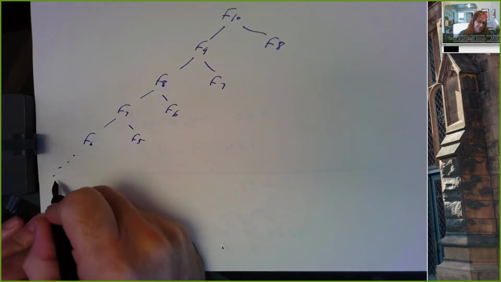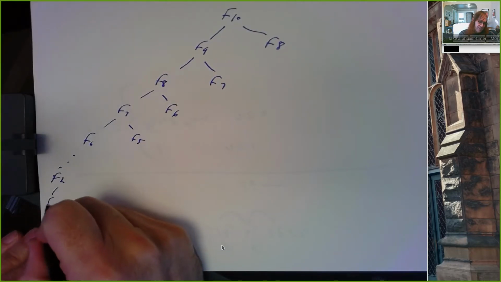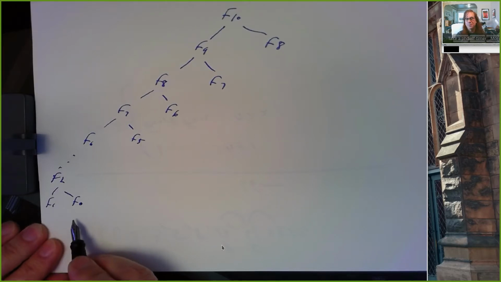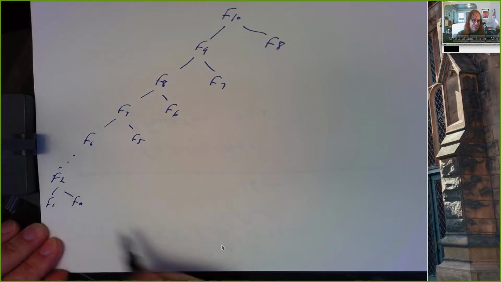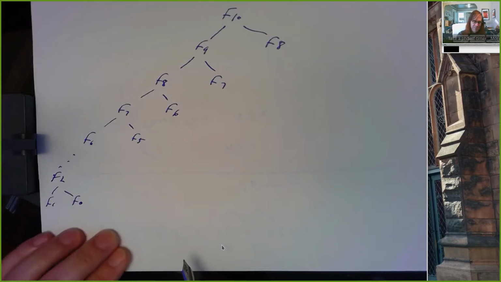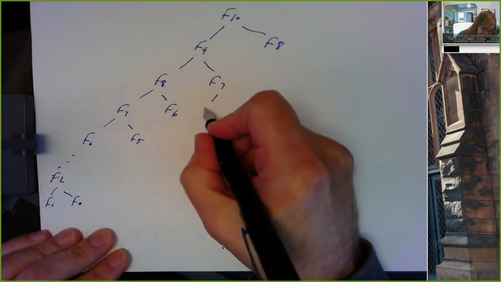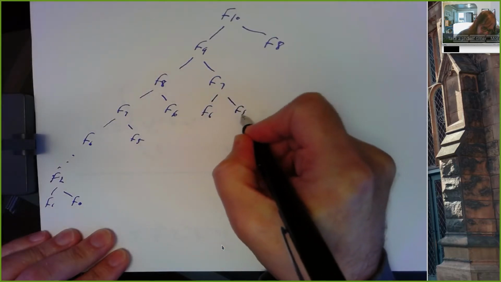Now eventually we'll ask for F2, which will be F1 and F0. And these two calls won't recurse. Those will hit our base case where our argument is less than or equal to 1, and they'll just return 1 right away. But up here, to calculate F7, we need to calculate F6 and F5.